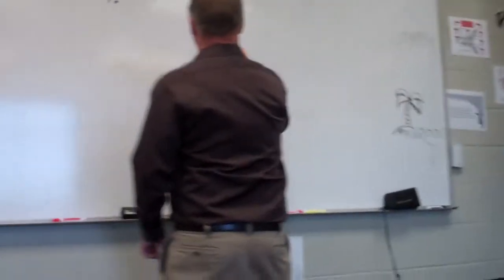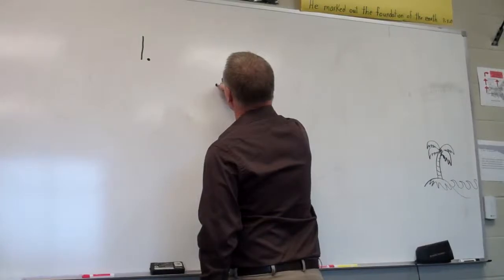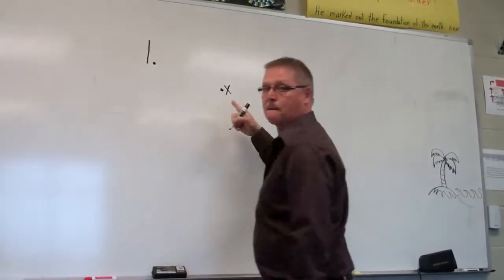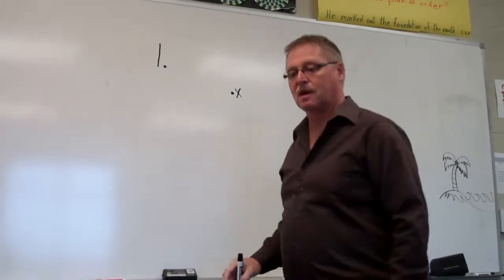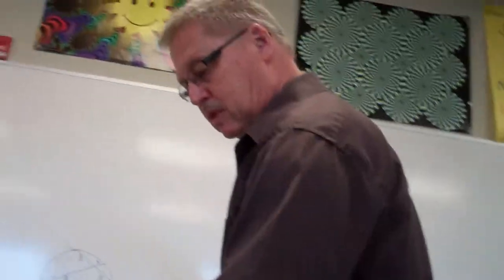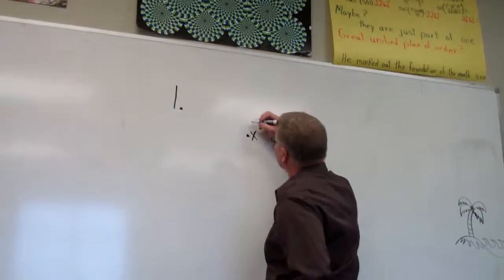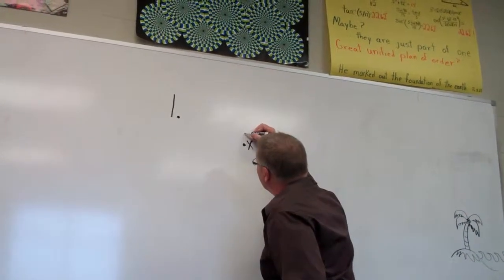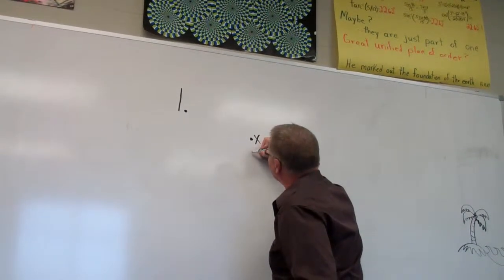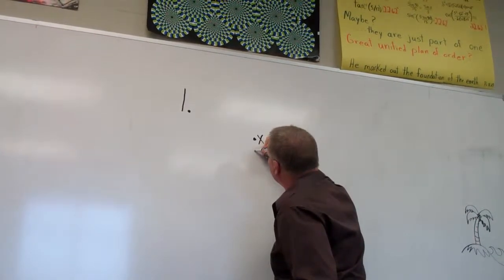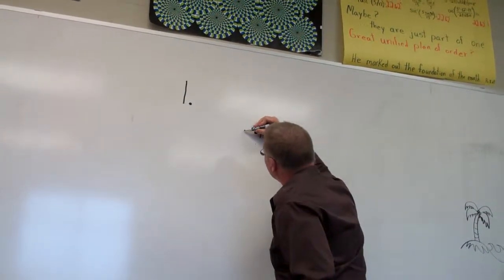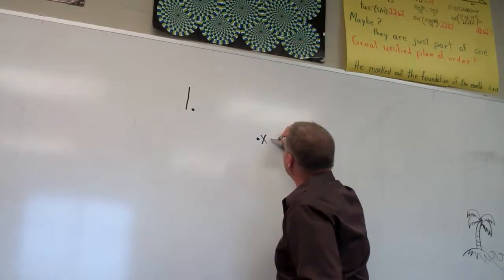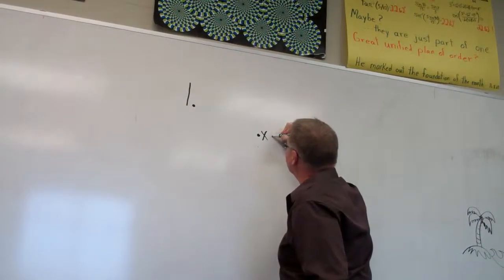What does it make? So I have to have a point X. That's my point X. And we need to have the locus of points 4 centimeters from that. Well, I think 4 centimeters up would be about here. 4 centimeters down is about here. 4 centimeters left is about here. 4 centimeters right is about here.